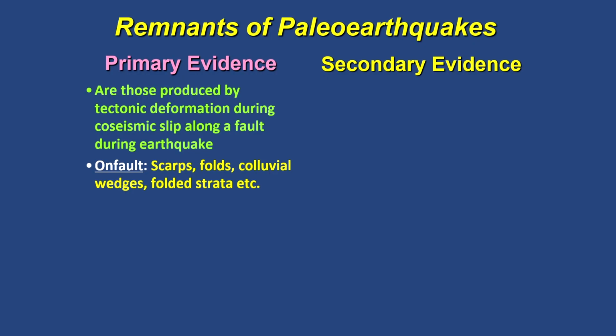That is what we call on fault. So, on fault, what type of landforms will you see? In short, you will see scarps. For example, in the first stage, you have all these horizontally deposited sediments.